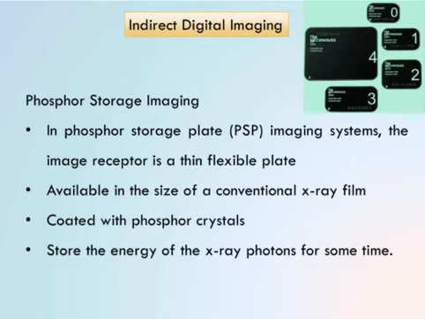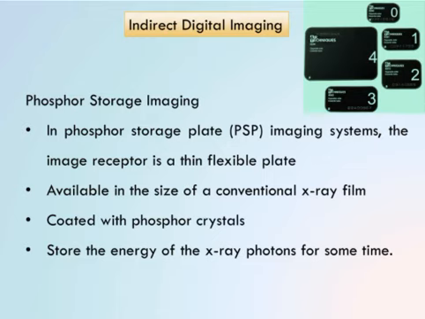The sensors that we use in the lab, as you know, are thick and rigid. It does not move, it does not flex. Okay, so it is also coated with phosphor crystals. That is why the name phosphor storage imaging or phosphor storage plate.